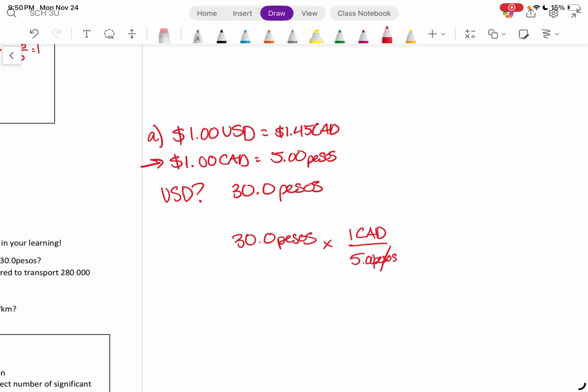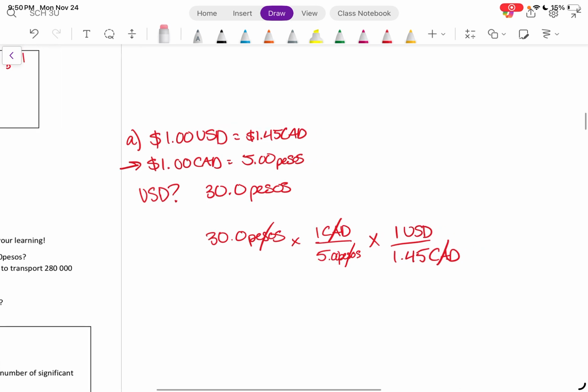Now I can clearly see that my answer would cancel out to give me my answer in Canadian dollars. But I don't want my answer in Canadian dollars, I want it in US dollars. So I also know that 1 US dollar is equivalent to 1.45 Canadian dollars. Now, all of my units are canceled out.